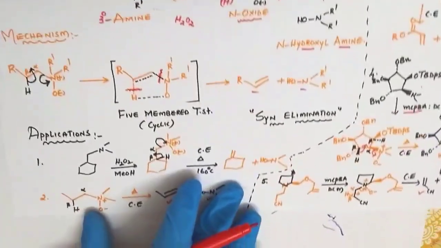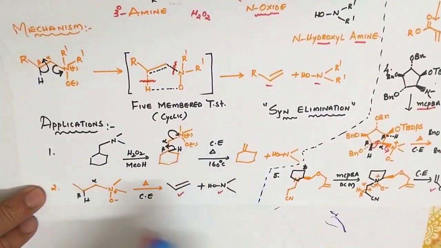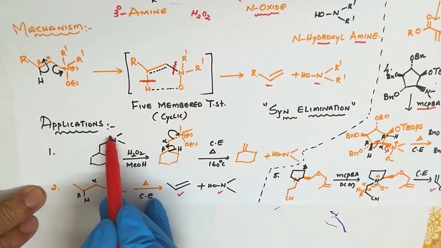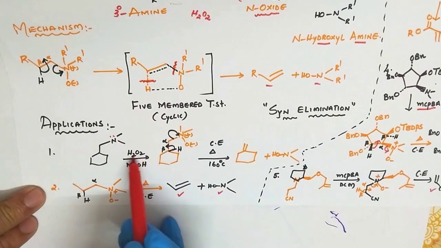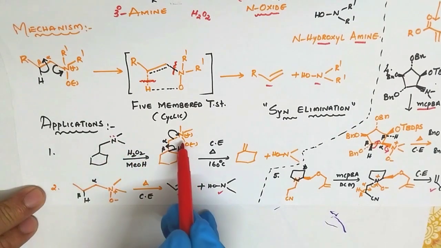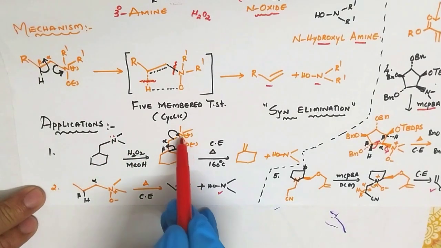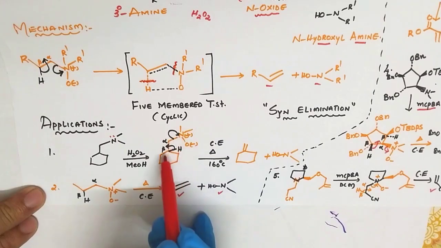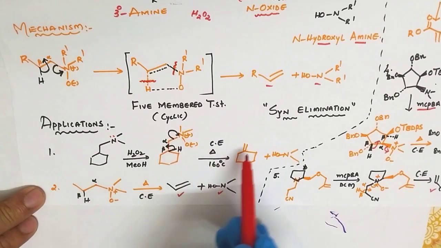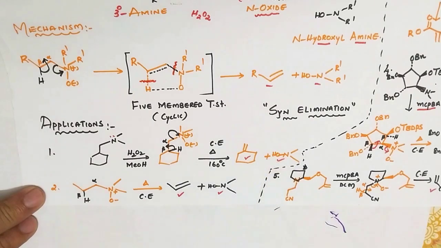Okay, let's see some of the applications. See this one, this is a tertiary amine. The tertiary amine treated with peracid will give the corresponding N-oxide. In this N-oxide we have a beta hydrogen. So the beta hydrogen and this one are removed to produce the corresponding olefin and the N-hydroxylamine. Here also a similar situation. The beta hydrogen is removed, a simple pi bond is formed.